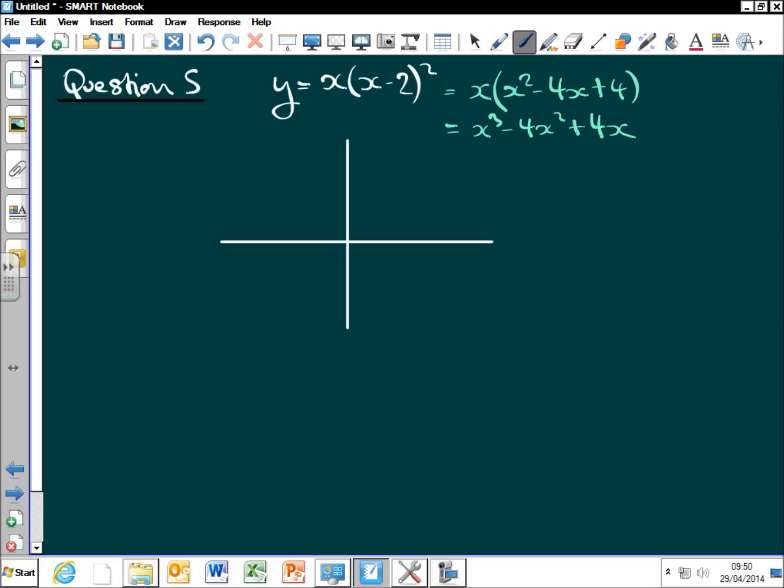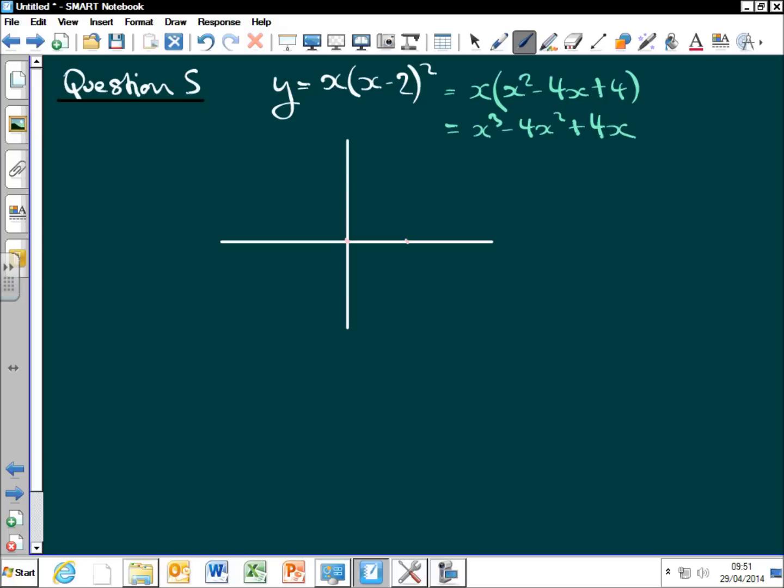We're looking for the values of x that make this go to 0, and they are when x is 0, because there's an x out in front. So I know the curve goes through 0 there, and also when x is 2, it goes to 0. But I should say that this x minus 2 appears twice, it multiplies twice, so that's a repeated root there, which means that it just touches.